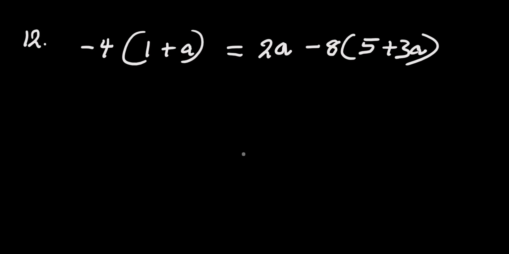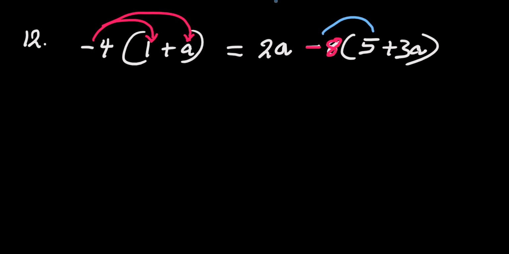Remember, the first step is to clear the parentheses. So the values before the parentheses, just distribute that into the content of the parentheses. On the right side, we have negative 8 before the parentheses.